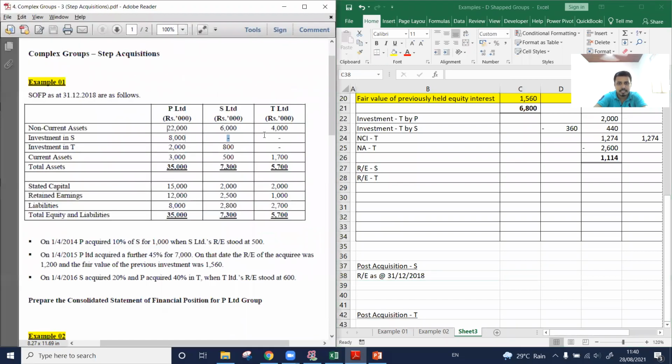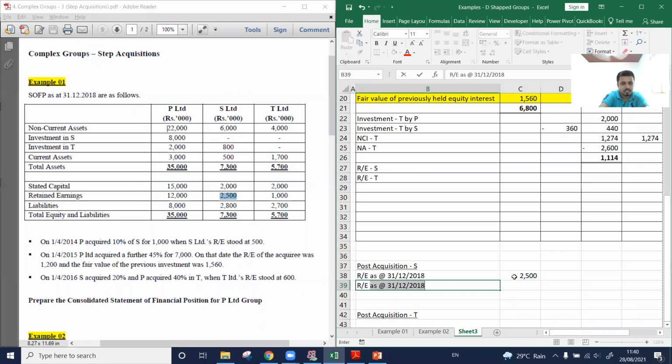Balance sheet date ekedi S Limited ke retained earnings kiyak tiyanawada? See here, that is 2,500. What about the retained earnings as at the acquisition date? Then we can determine the post-acquisition amount now.